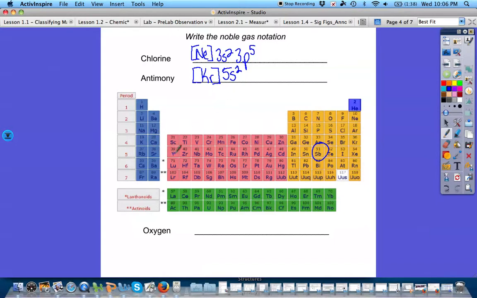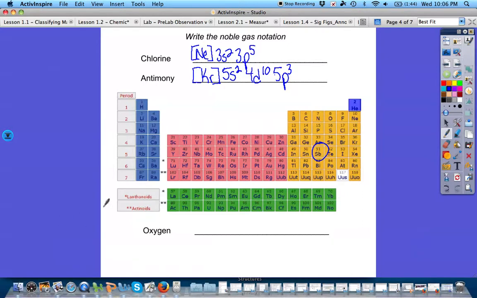Then we're going to go into the D sublevel. So now we're at 4d10. And then back to the 5th energy level for the P sublevel. 1, 2, 3 gets us to antimony.